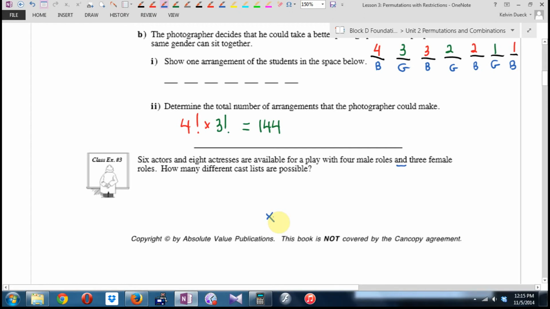Okay. How many actors are there grand total? Don't keep it very obvious. 6. How many of them are we choosing for the first group? Read the question. 4. How many blanks should I draw? 4. How many choices do I have for the first actor?